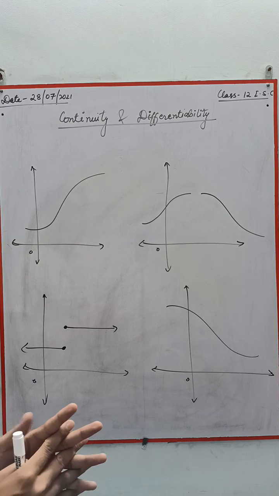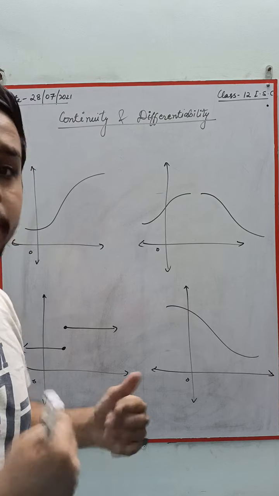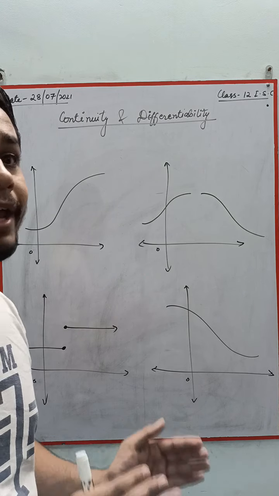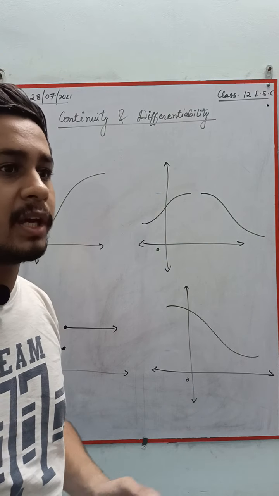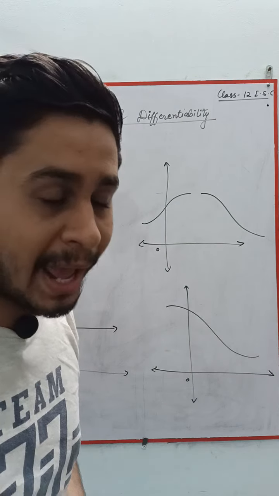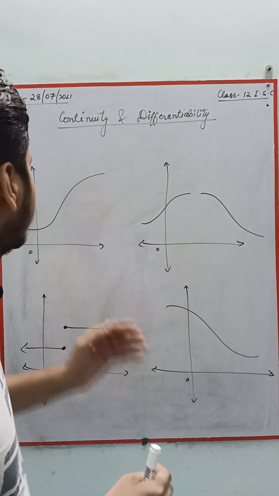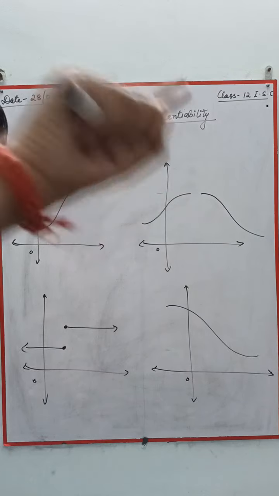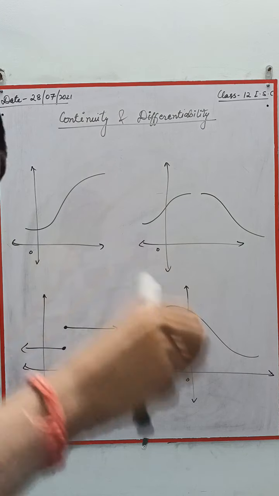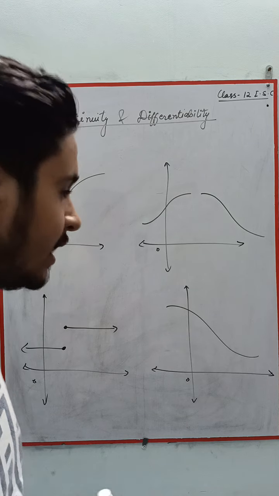So a real valued function is said to be continuous if and only if the graph has no break or gap, if and only if all the points are close enough so that we can draw the graph properly without lifting the pen from the plane of the paper. Are you getting that?